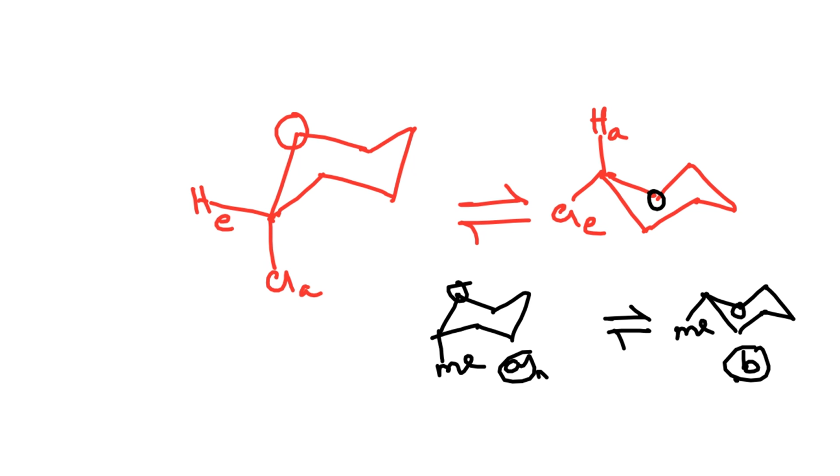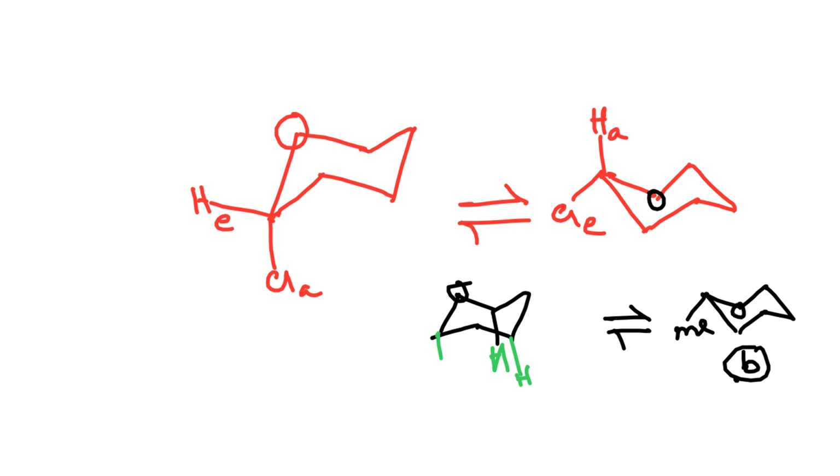The reason is, in case of A, you have these hydrogen atoms in the axial group. So I just have to erase it. So here you have two hydrogen atoms in the axial position. So here you have one hydrogen, here you have another hydrogen, and these two hydrogens actually interact with the methyl group.